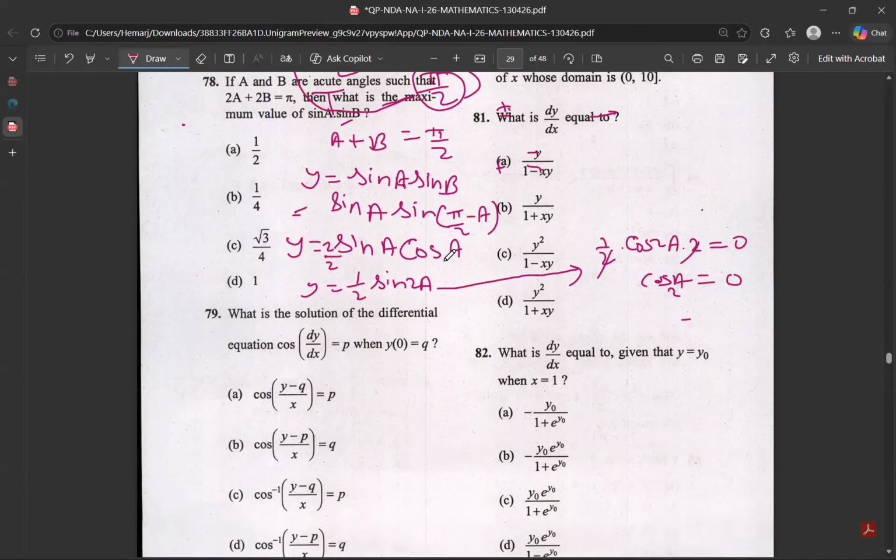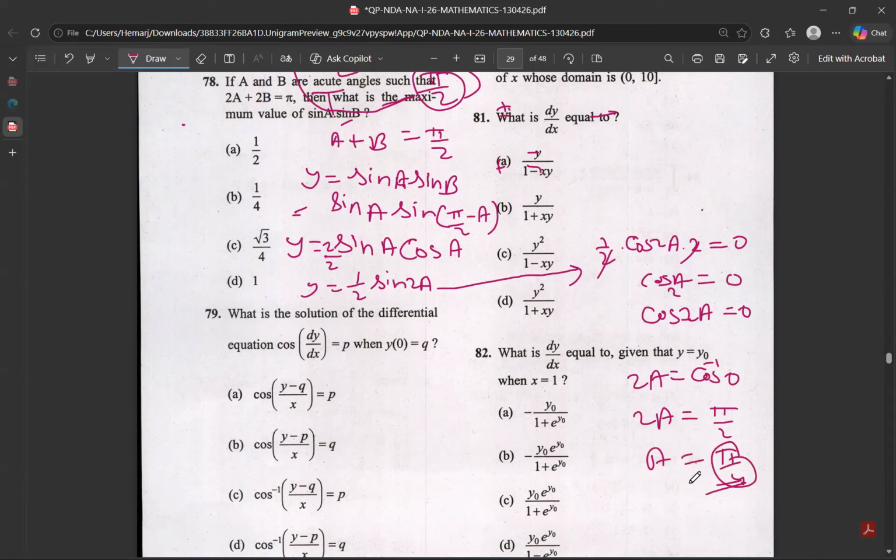So if cos 2a is equal to 0, then taking cos inverse of 0 on the right-hand side, 2a equals pi by 2, since cos becomes 0 at pi by 2. Then a will be pi by 4.